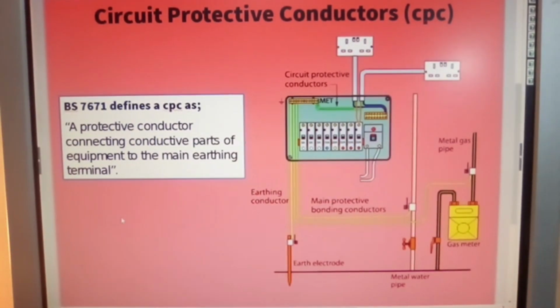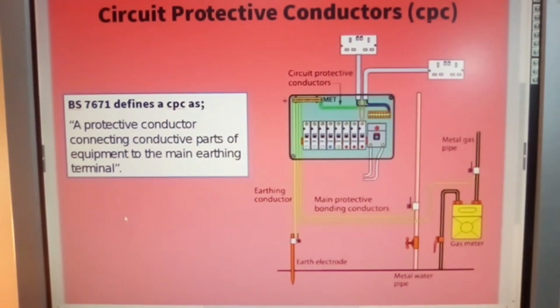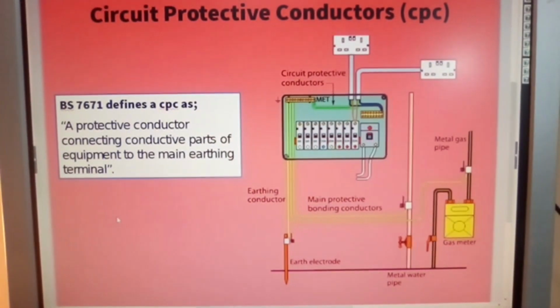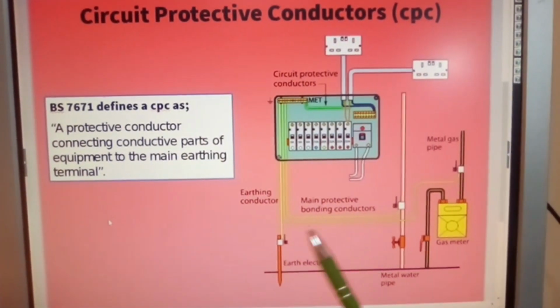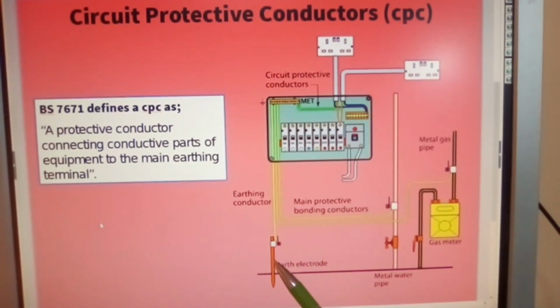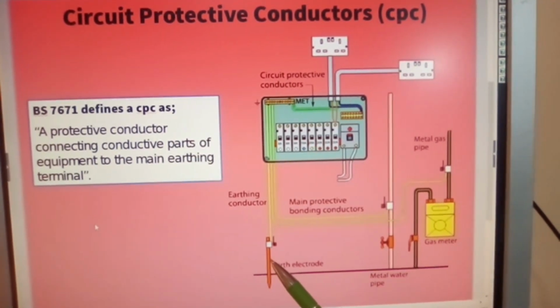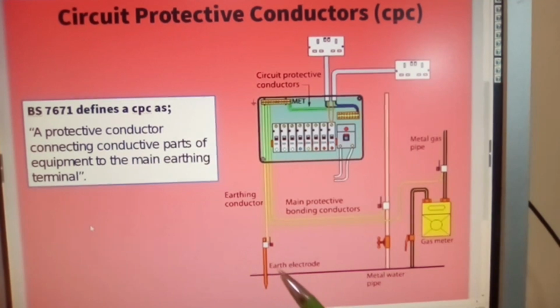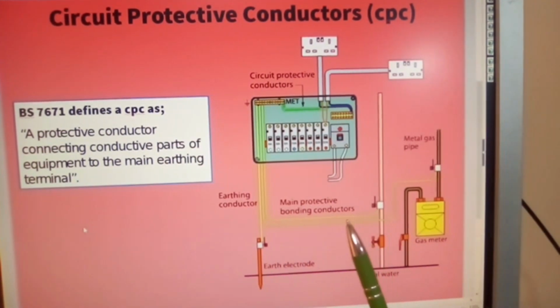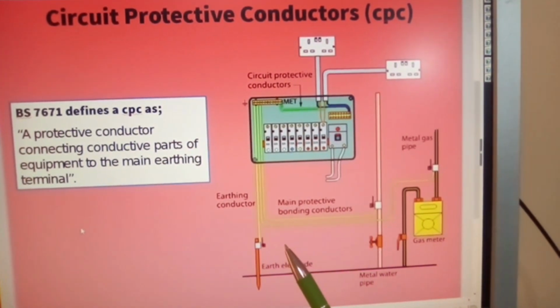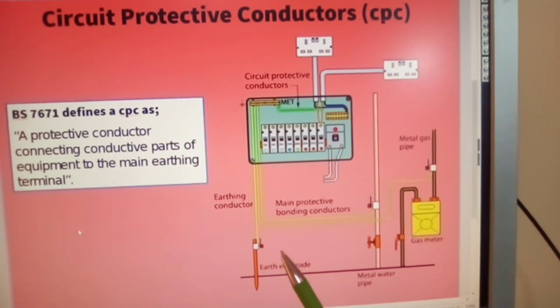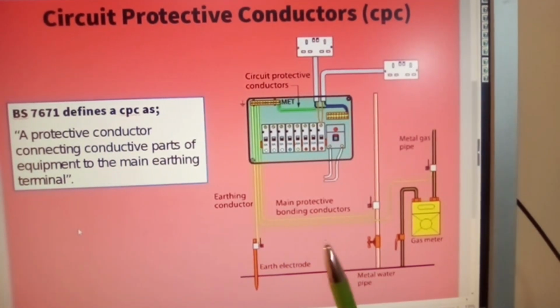Okay, circuit protective conductors, your CPC. Now, where you need to use an earth electrode, mainly on farming sites, TT systems, I believe, be sure that your earthing is effective and you have as low resistance as possible flowing to earth.